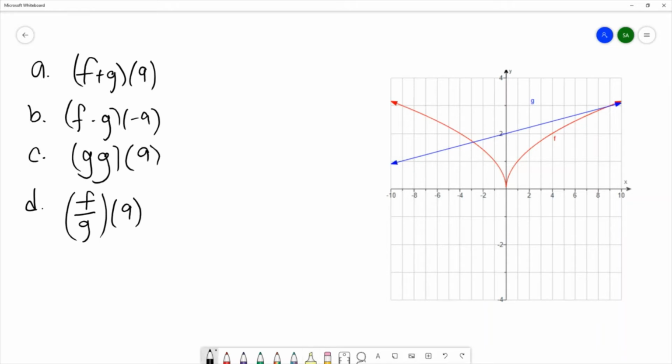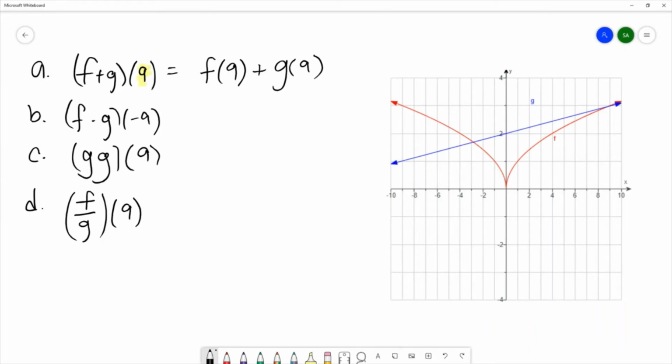And then because we have a number here, that's also involving evaluating these functions. So this notation, f plus g of 9, means that we want to do f of 9, g of 9, and then add the results together.